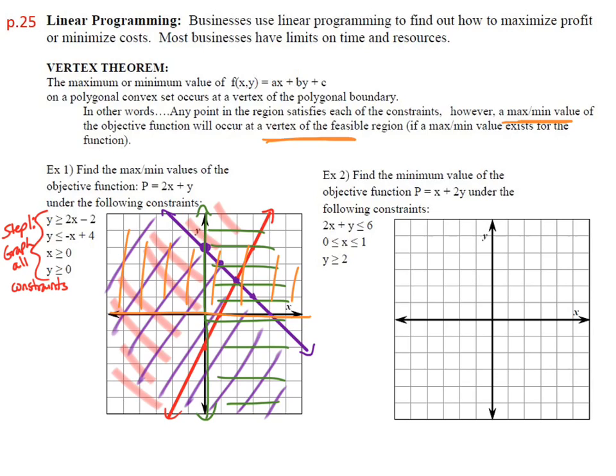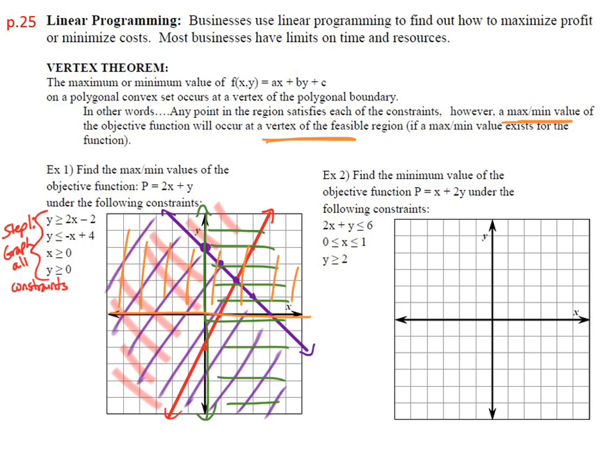Now, if we want to find the maximum or minimum values given our objective function, what it is that we're trying to find, in this case for our first example, p equals 2x plus y, under our constraints, the first thing you want to do is graph all those constraints. You can see I already have those graphed. It's just graphing our systems of inequalities, which looks very similar to what we did yesterday.